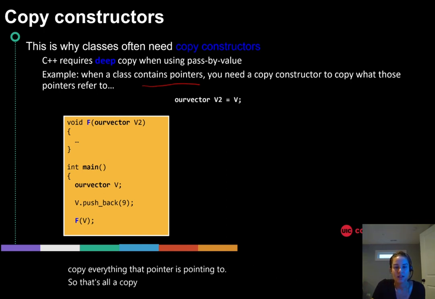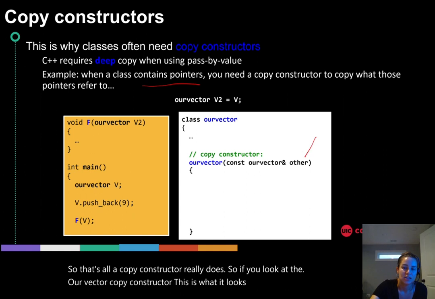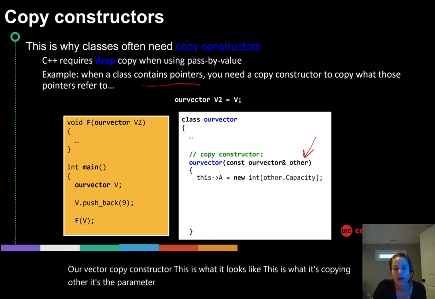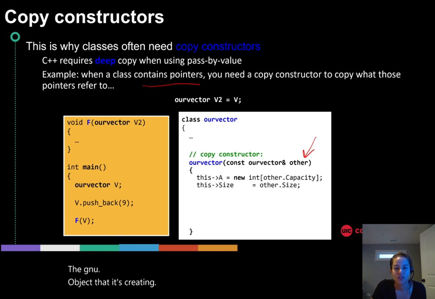So if you look at the R vector copy constructor, this is what it looks like. This is what it's copying, other, it's the parameter that comes in, and this is the new object that it's creating. So the first step is that you just need to allocate space based off of the old capacity.